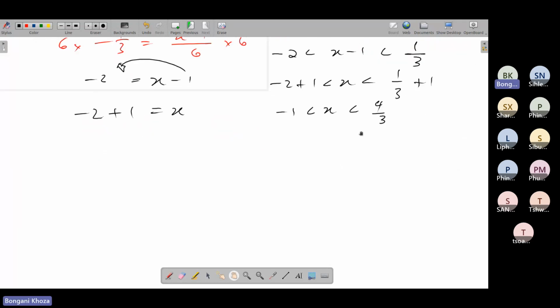So after doing that, we have solved the inequality. To represent this graphically, this is what you would do. You write down those numbers like that, and these values are in between.